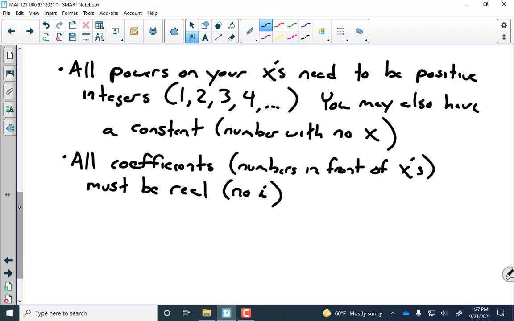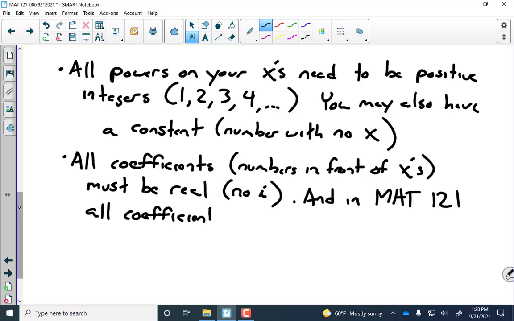You won't see an i anywhere. And in Math 121, the college algebra class you're in right now, we're going to keep our polynomials simpler by saying all the coefficients must be rational. So you're not going to see any square roots anywhere in your polynomial either. You're not going to see any i's.